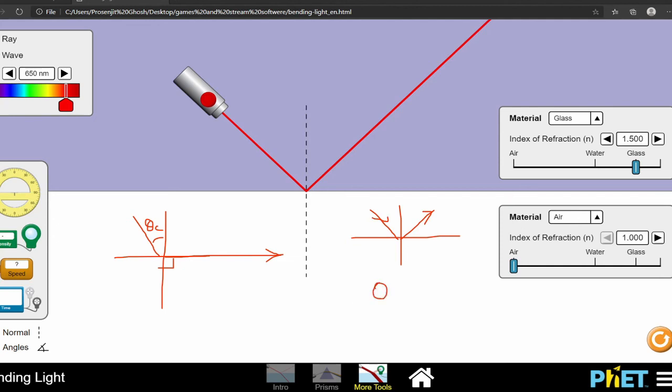So what is the condition for total internal reflection? The incident angle must be more than the critical angle. And one more formula we learned today: sin theta c or IC equals 1 by mu. So this is all about today's class.